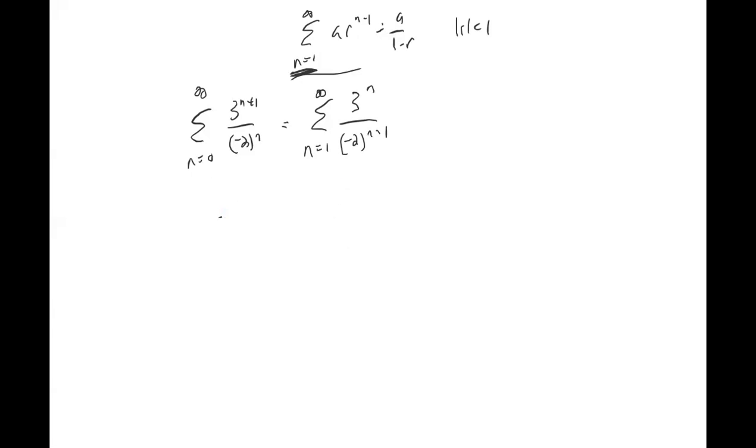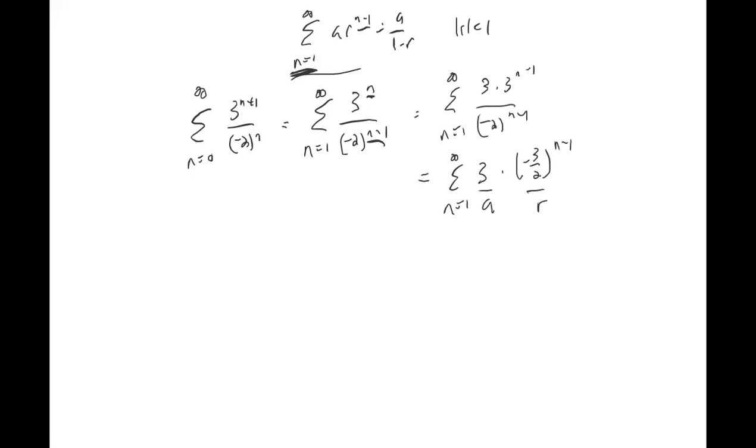So, and then from here, it's the same thing as the last problem, right? I have something to the n minus 1 power. That's good. This is not to the n minus 1 power. Let's make it to the n minus 1 power by doing this. And hopefully you see by now that this is 3 times negative 3/2 to the n minus 1. This is your R, this is your A. Now, absolute value of negative 3/2 is 3/2, and that's bigger than 1, right?